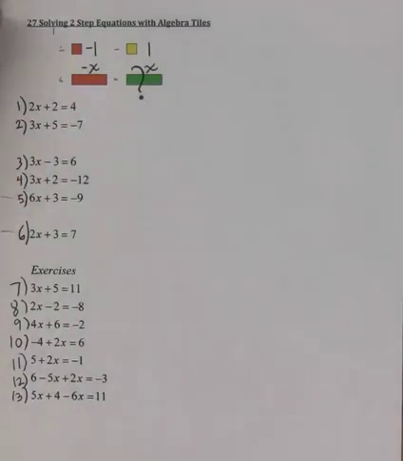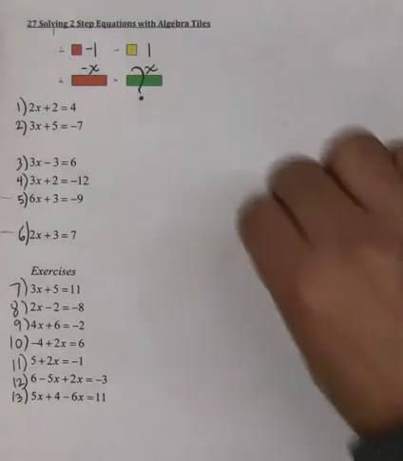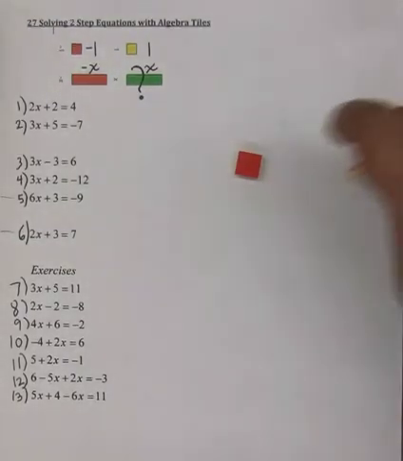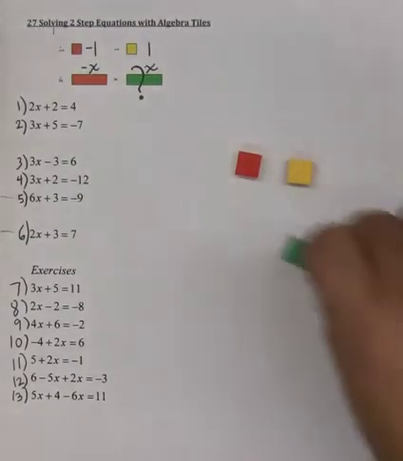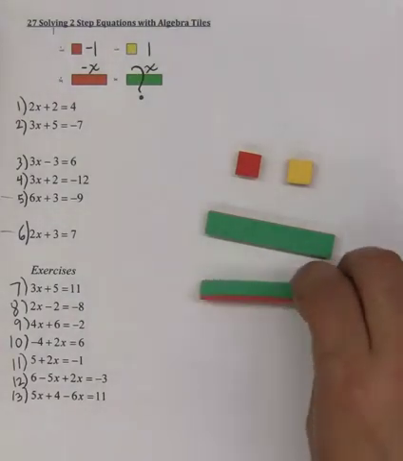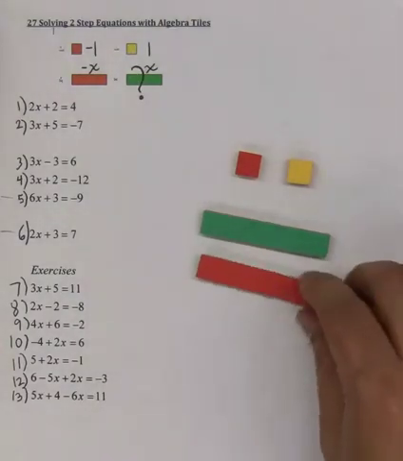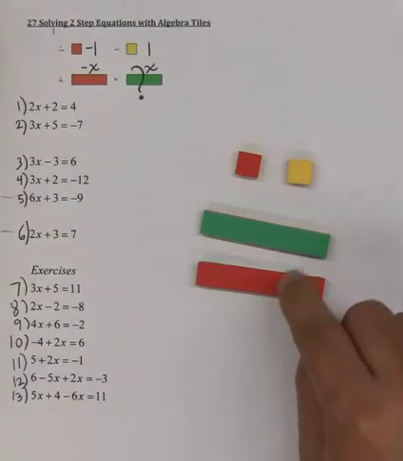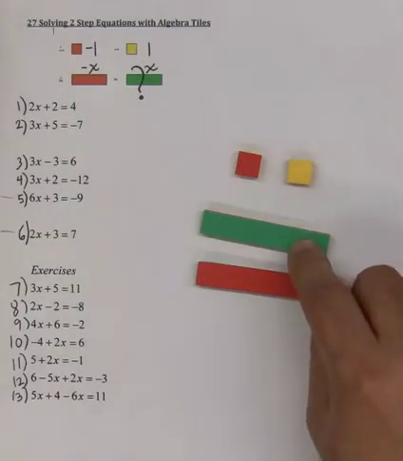In this exercise, we're going to be solving two-step equations with algebra tiles. These are algebra tiles right here. The rectangles are the x's. This is negative x, positive x.